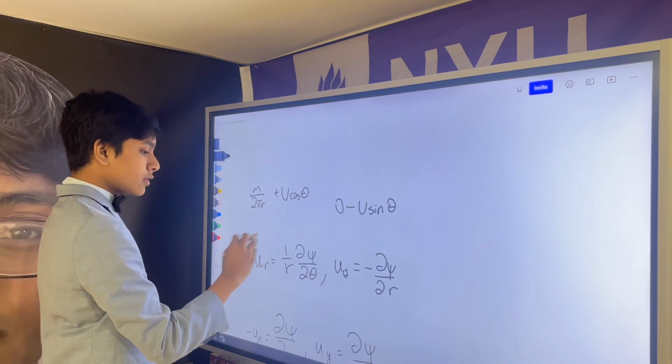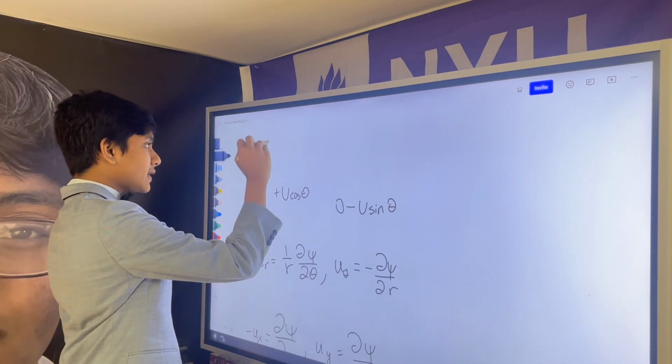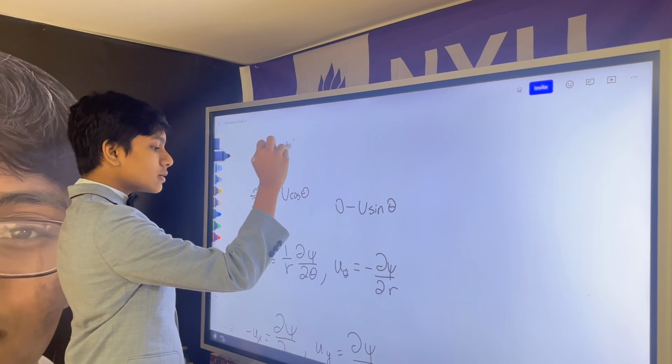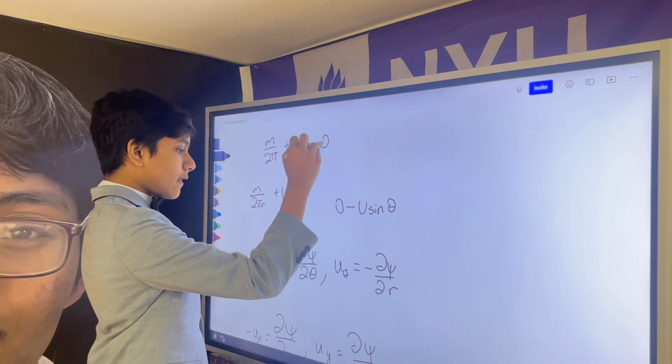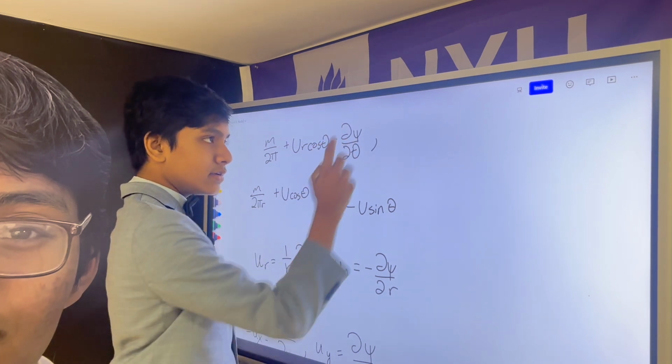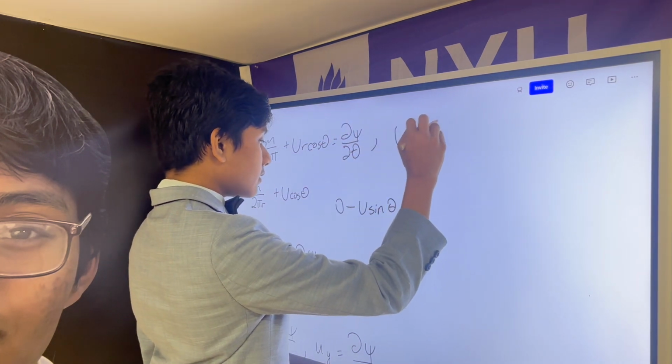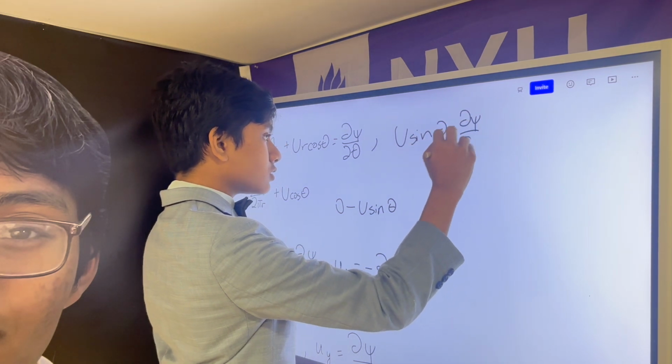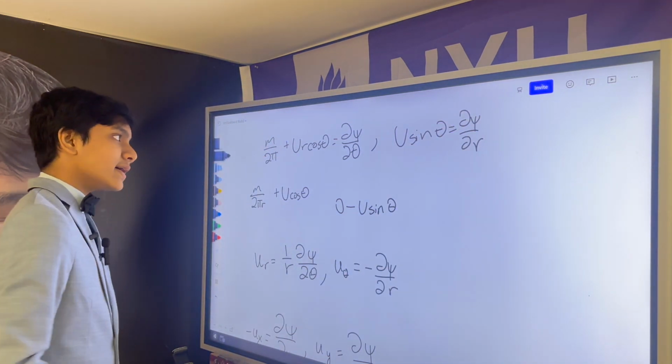So plug that in and you get what? Well, here you multiply both sides by r and get m over 2 pi plus u r cos theta is equal to partial psi partial theta. And here, u sine theta is equal to partial psi partial r after negating both sides.